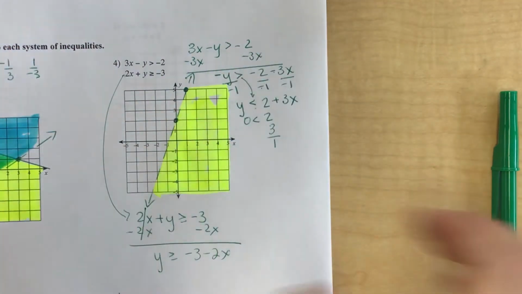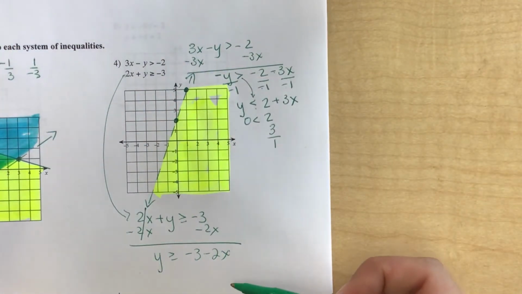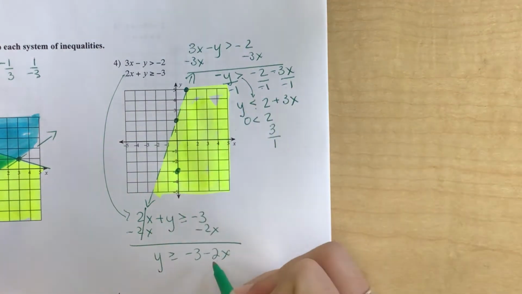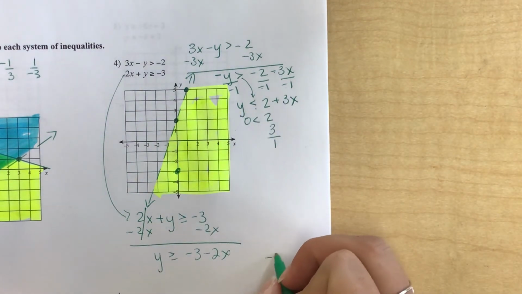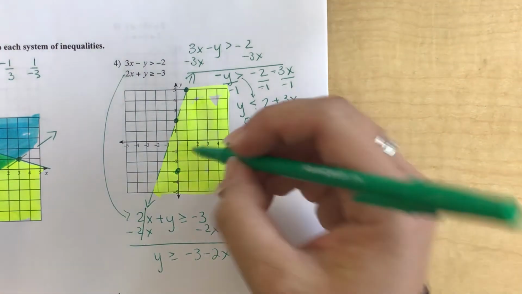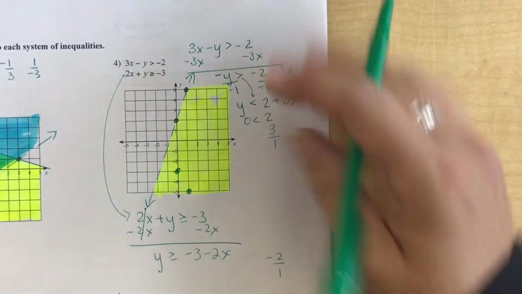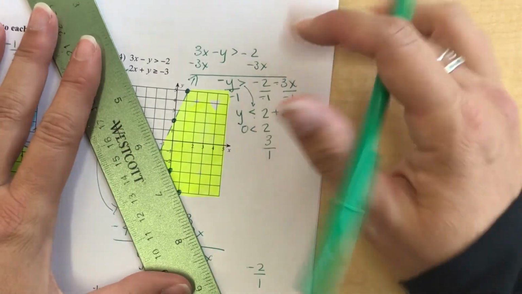All right, and then I'm going to graph this one down here. So we have -3 and then -2. So again, I can put that over 1. So I'm going to go down 2 to the right 1. Now this one has equal to, so I'm going to do a solid line.